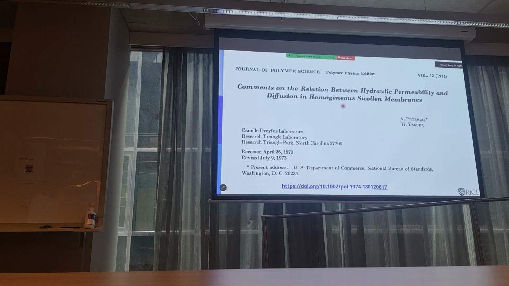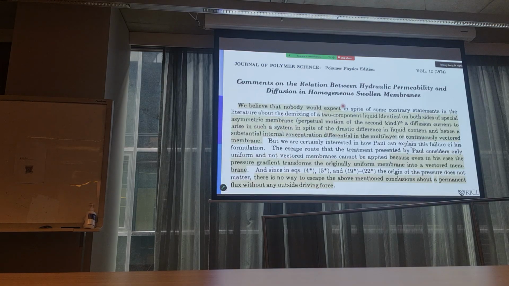He wrote a masterpiece comment of about 10 pages on the paper, practically showing that everything is wrong. The perpetual machine is not my invention, I took it from him. He claims that if they explain what they get by diffusion, it's perpetual motion of the second kind, because of the water content gradient like the one I showed you with the conical pores.